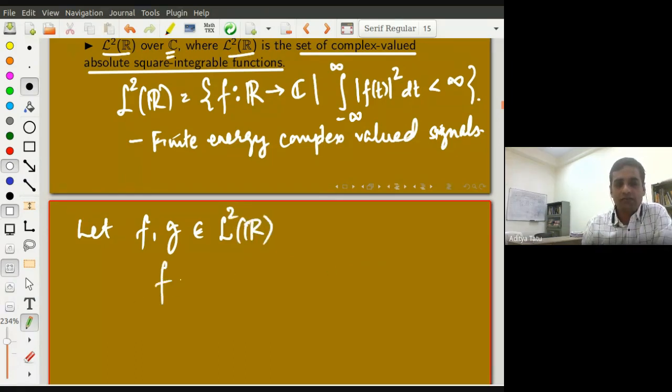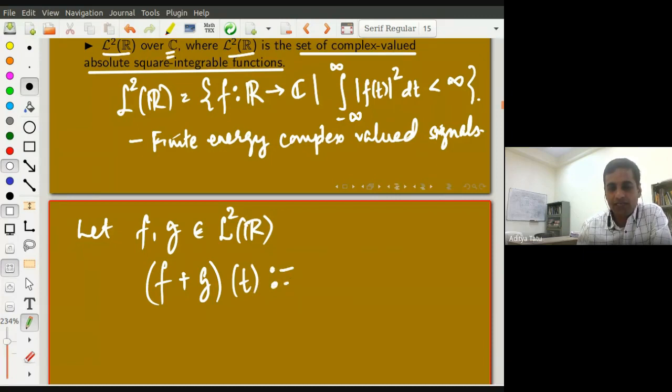And how will I define f plus g? f plus g must also be a complex-valued signal defined on R. So how do I define this? It has to be a function. How do I define a function? I define it by specifying the value that this function takes for every real number t. I'm going to define it in this way.